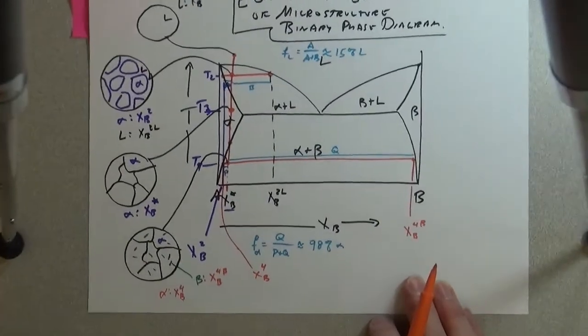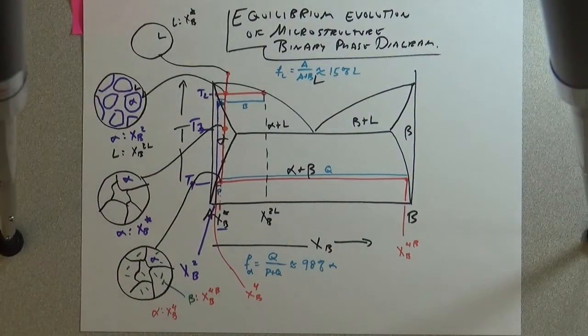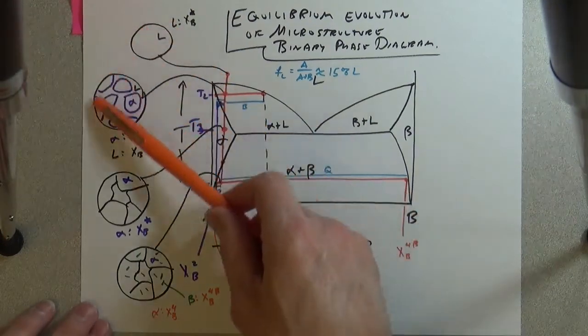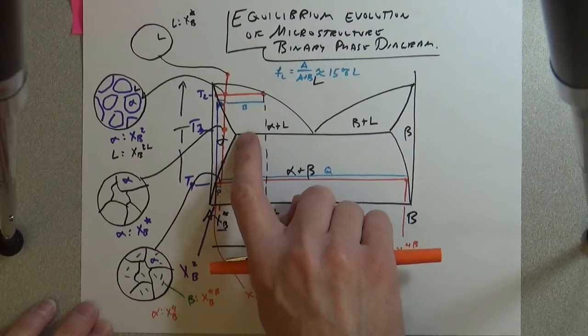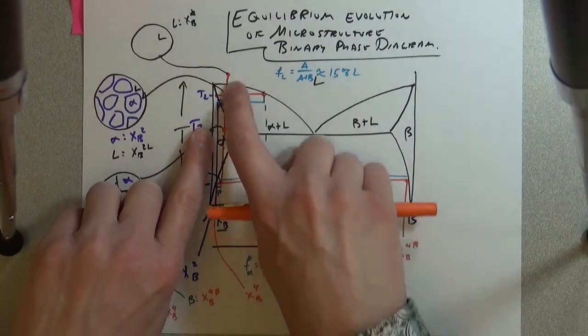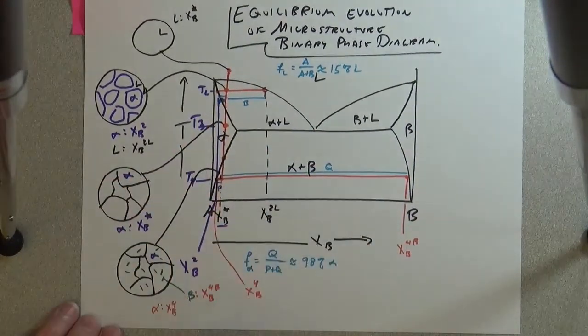So this is the microstructural evolution in a binary eutectic when you're cooling outside of the eutectic region, so you're cooling through the single phase region.